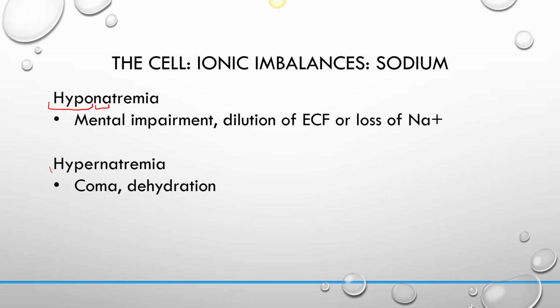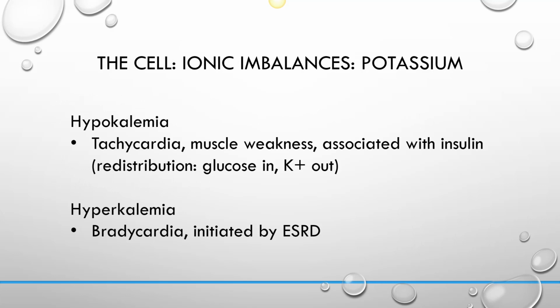Hypernatremia. Hyper means more. And Na again is referring to sodium. Hypernatremia leads to coma, and it can be caused by dehydration. Hypokalemia. K is for potassium. If you don't have enough potassium, it could lead to increased heart rate, muscle weakness, and it's associated with insulin. So there's a redistribution of glucose going into the cell, potassium going out of the cell.